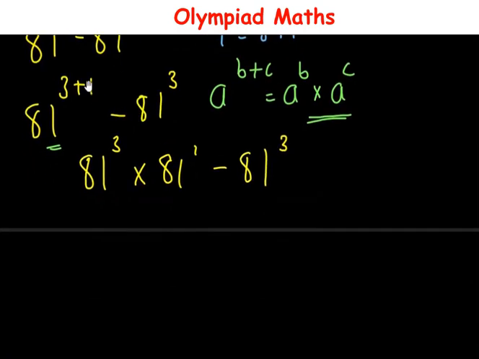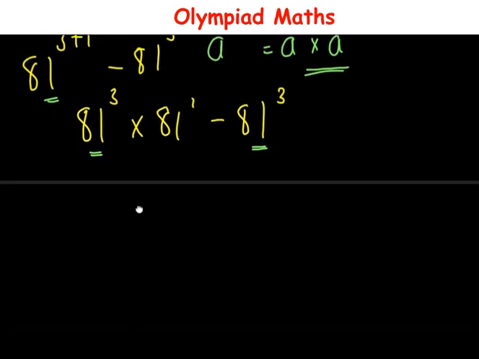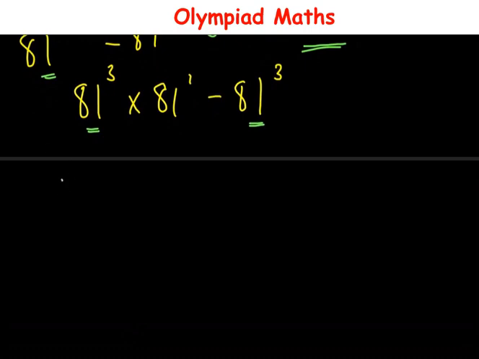Looking at this, we have a common factor, 81 raised to power 3 and 81 raised to power 3. So we factorize out 81 raised to power 3 into brackets. If we divide by 81 raised to power 3, we are left with 81 raised to power 1, then minus, 81 raised to power 3 divided by 81 raised to power 3 is 1.